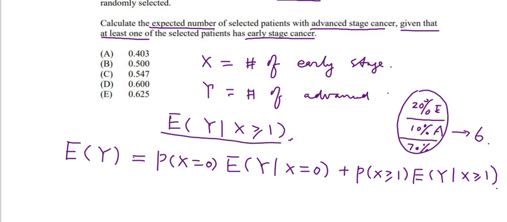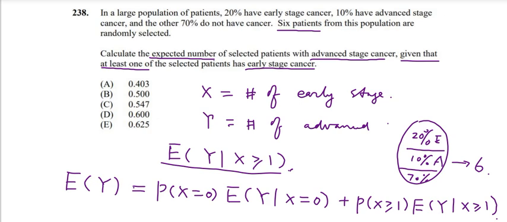Okay, so let's check E[y]. Let's define E[y]. What is y? From here we pick 6, and y is the number we picked from advanced. Picking from advanced is 10%, not from this part is 90%, right? So we find y follows a binomial distribution.